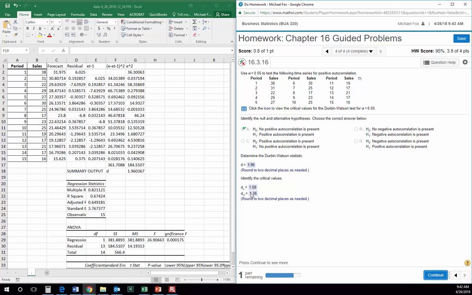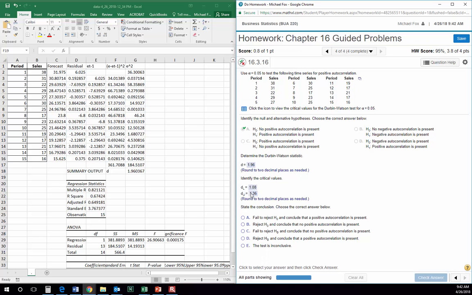And then they'll ask us to evaluate it. And there's a handy little table for evaluating it on page 794 in the book, about 2/3 of the way down. In essence, if our D that we calculated, 1.96, is below the lower, then we reject our null hypothesis and we conclude that there is positive autocorrelation present.